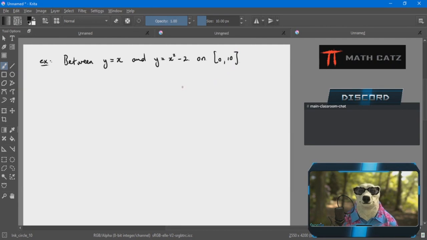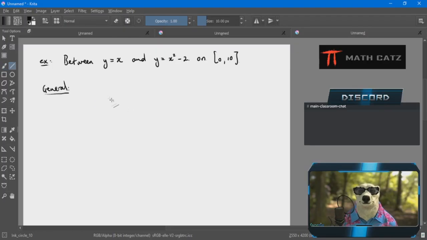So my graphs are still the same, but let's just see in general first, because I don't want to rely on this graph, right? Let's just say in general, what else could happen?